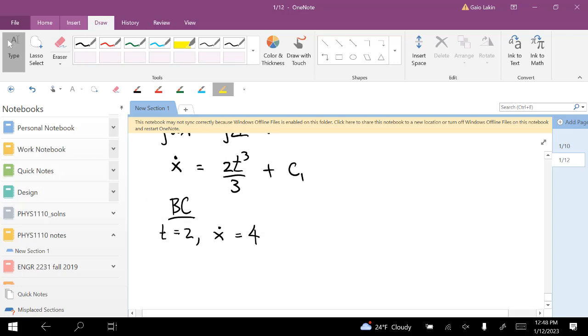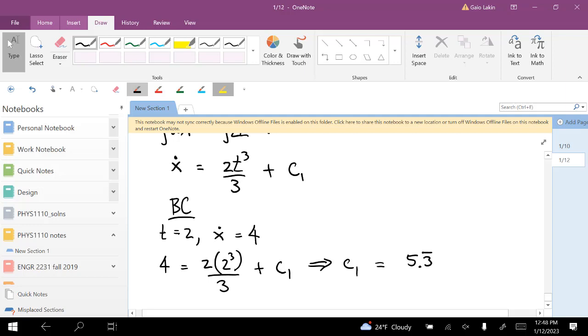And we're going to plug that into this equation that we just got. So we have 4 is equal to 2 times 2 to the third power over 3 plus C1. And now we can solve for C1. Let's see, 8/16 divided by 3 is 5.3 repeating, right?